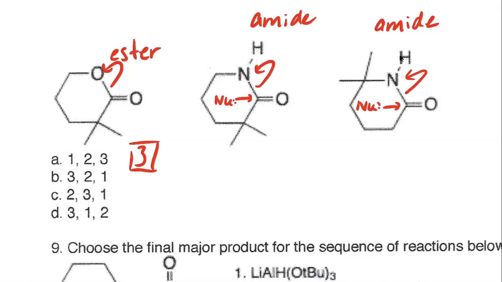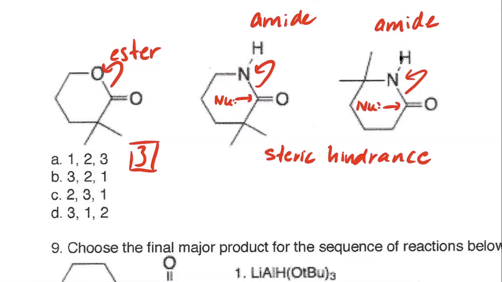And so when it's trying to make its way there, when you have the same functional group, right, amide versus amide, so we're comparing not apples to oranges, we're comparing apples to apples. Same group, then we can look to steric hindrance as a factor here.